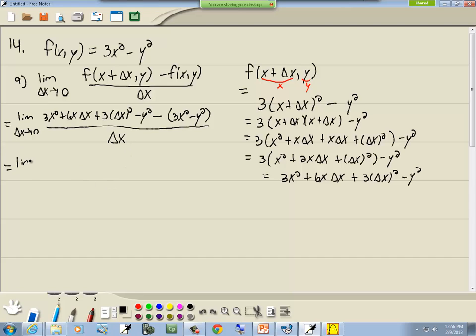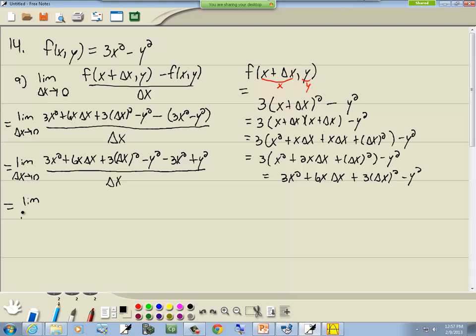So then this becomes a limit as delta x goes to 0 of 3x squared plus 6x delta x plus 3 delta x squared minus y squared, and a negative in front of parentheses flips the sign of everything inside. So this becomes a negative 3x squared plus y squared, all over delta x, which gives us the limit as delta x goes to 0.